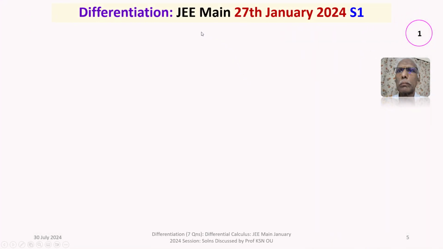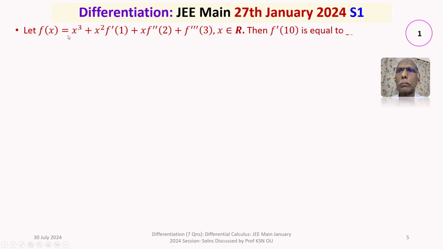This question has appeared in JEE Main exam held on 27 January 2024 in the first shift. The given question is, let f of x is equal to x cube plus x square multiplied by f prime 1 plus x multiplied by f double prime 2 plus f triple prime at 3, where x belongs to the set of real numbers.